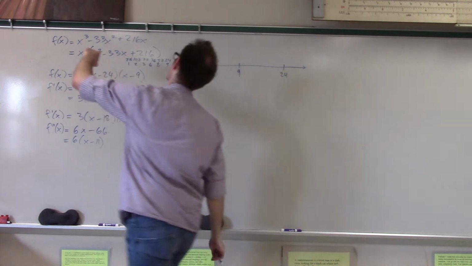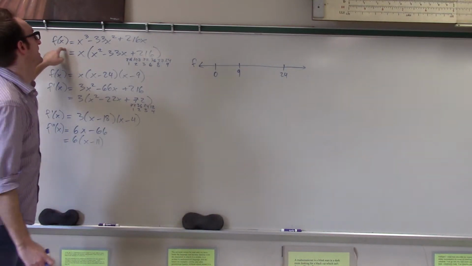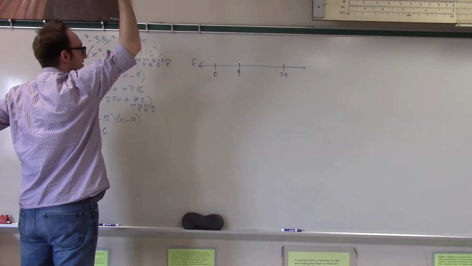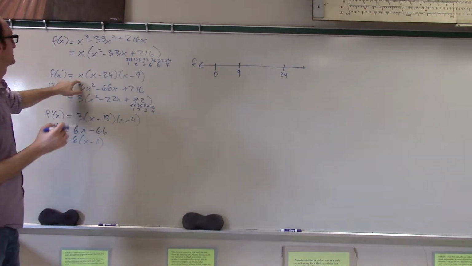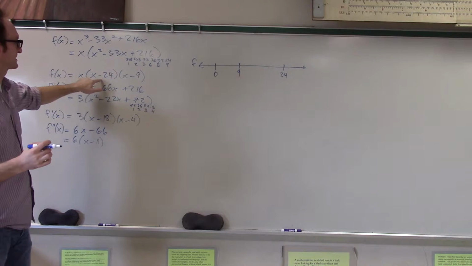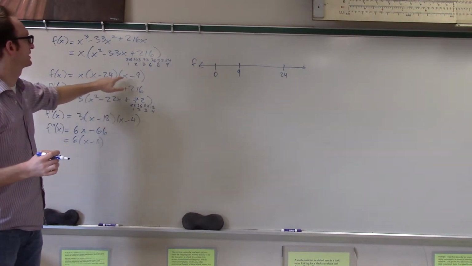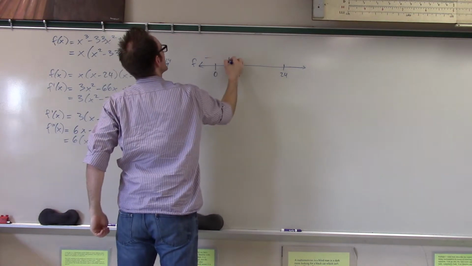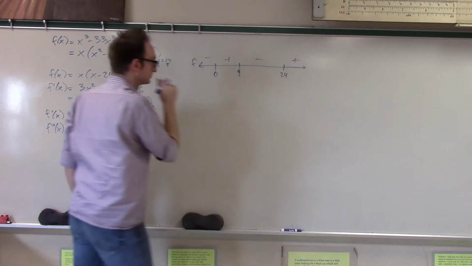And because this is a cubic, and because the leading coefficient's positive, the end behavior is going to be like this. And because it changes sign at each one of these numbers, 0, 9, and 24, I can be sure that it's going to go negative, positive, negative, positive.